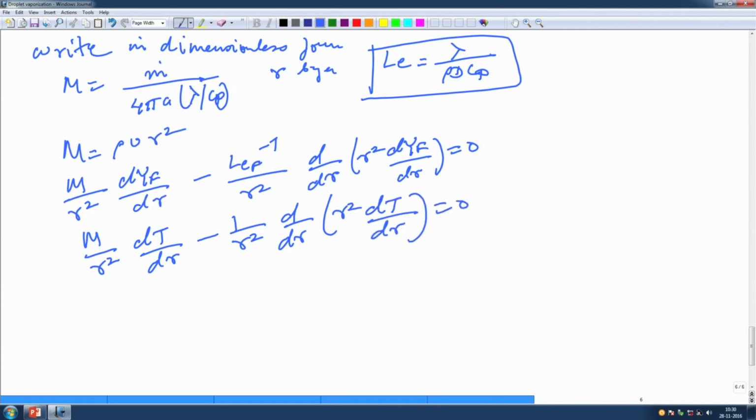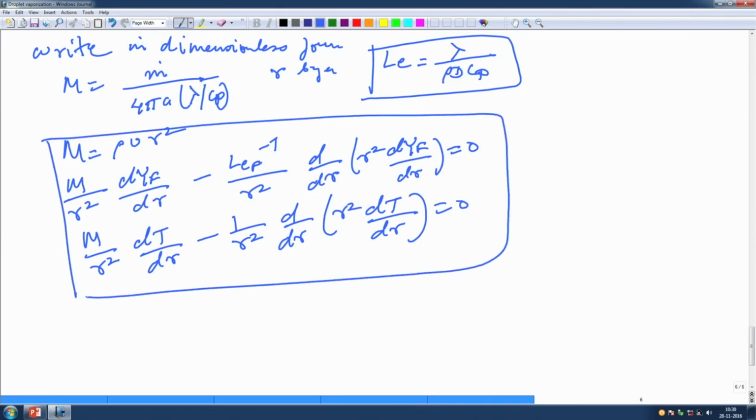Right. So, these are basically the dimensionless versions of the whole thing.